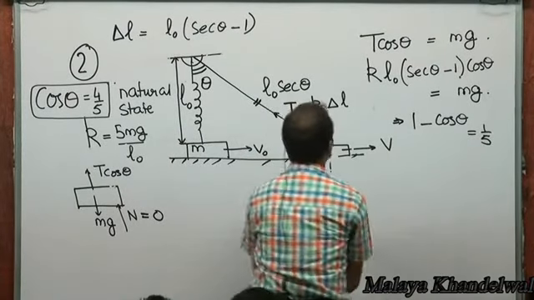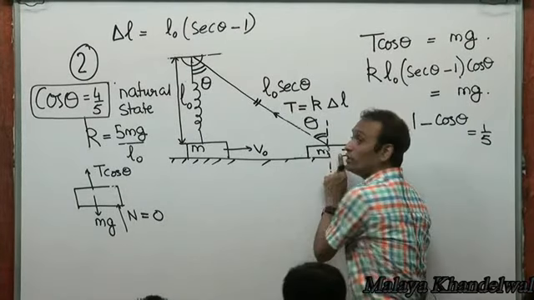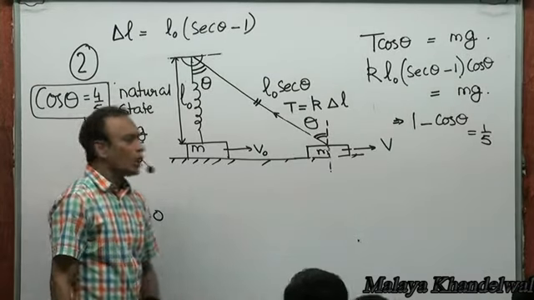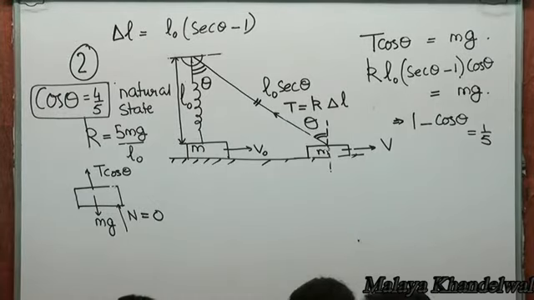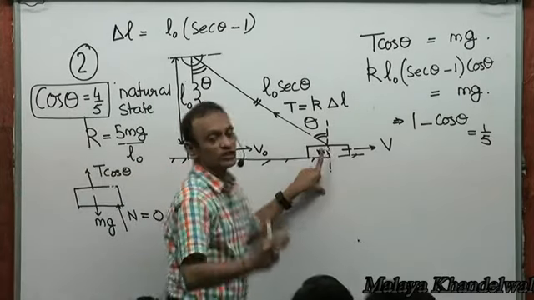Now, I want to find the speed of the particle at this instant of time. What are the forces acting on the particle when it goes from this state to this state?